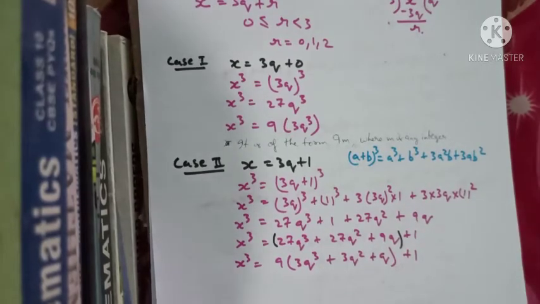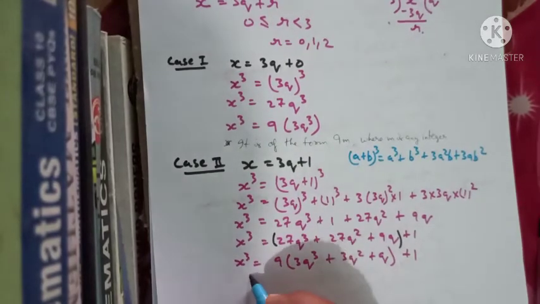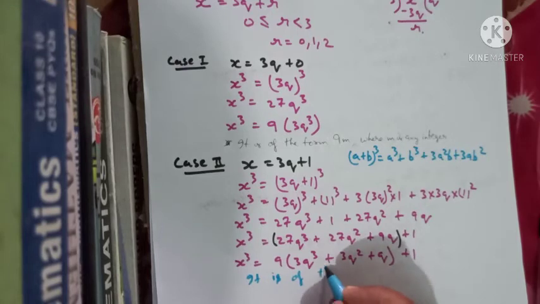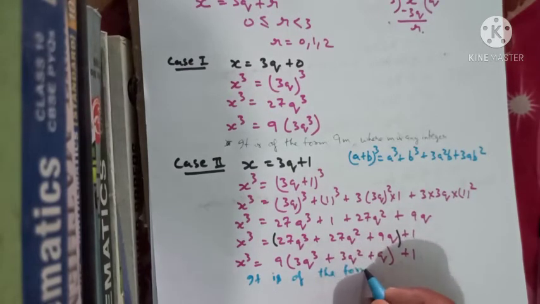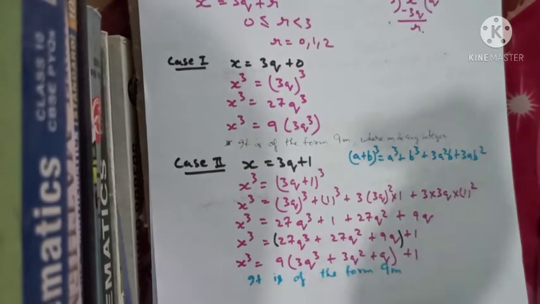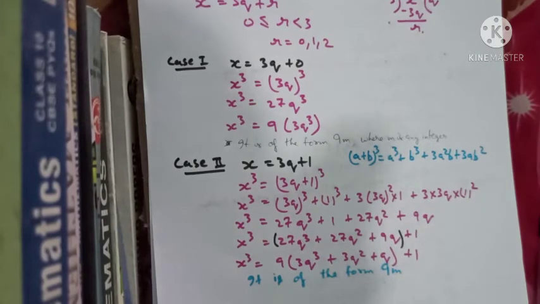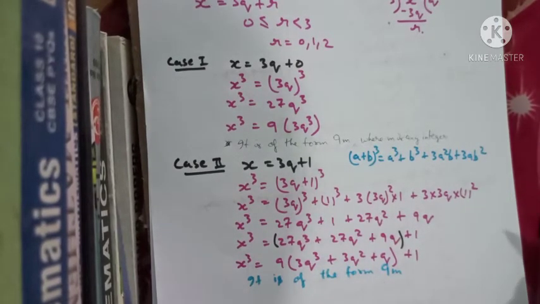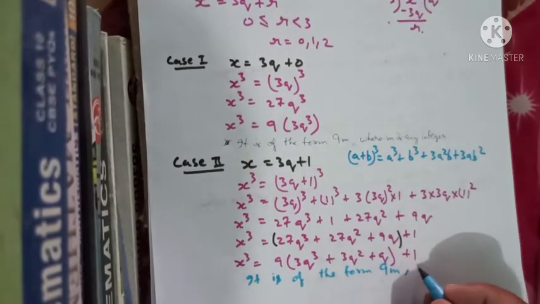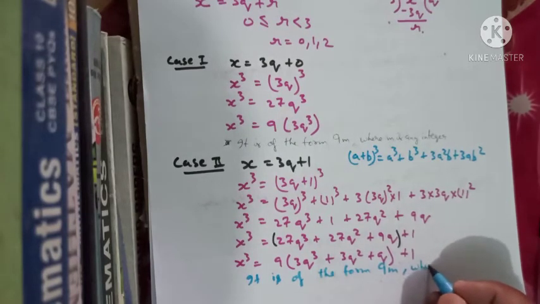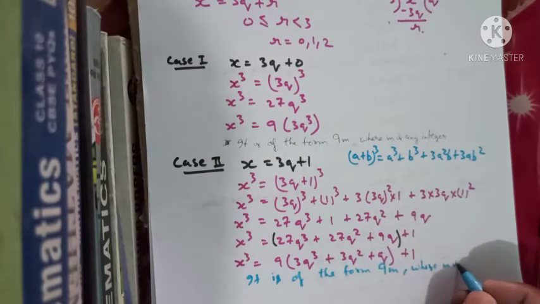So clearly we can say that it is of the form 9m, where 3q cube plus 3q square plus q is any integer m, and m is any integer.